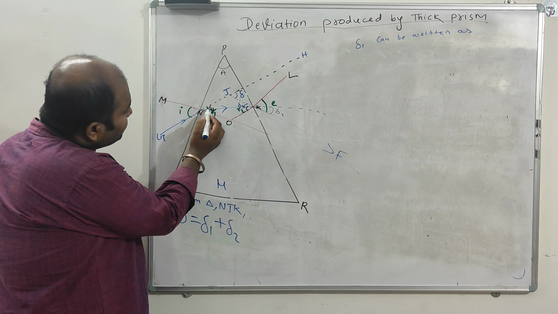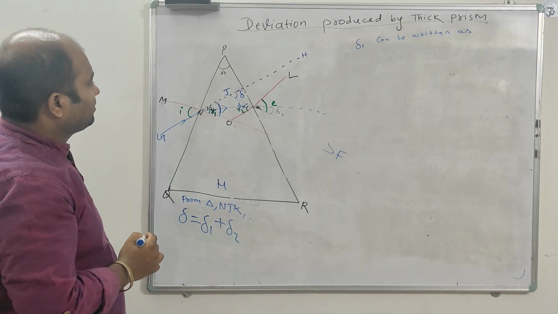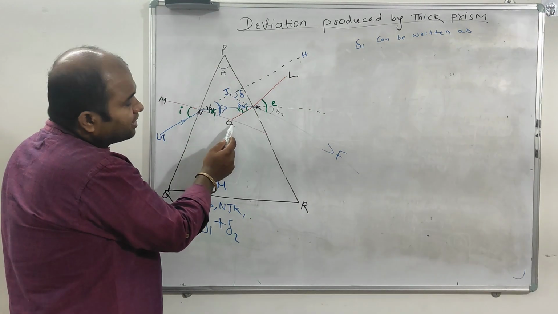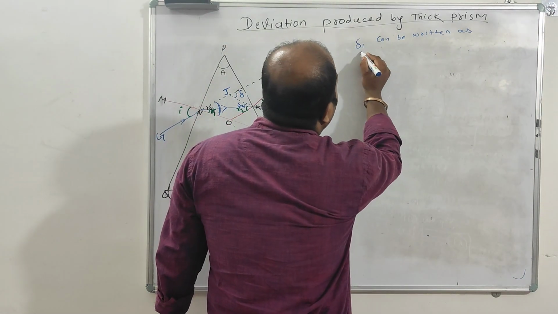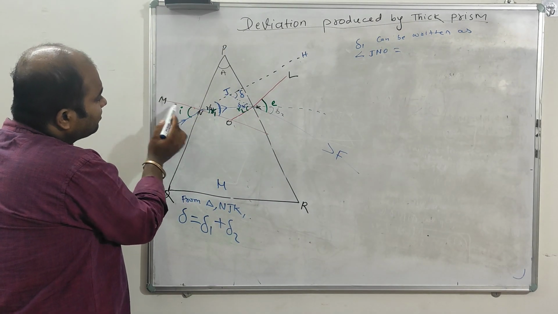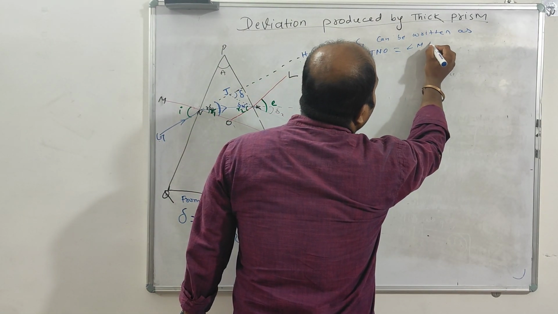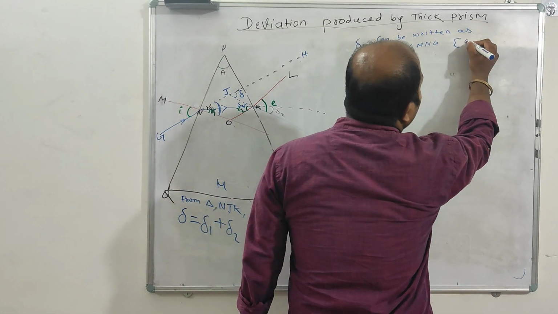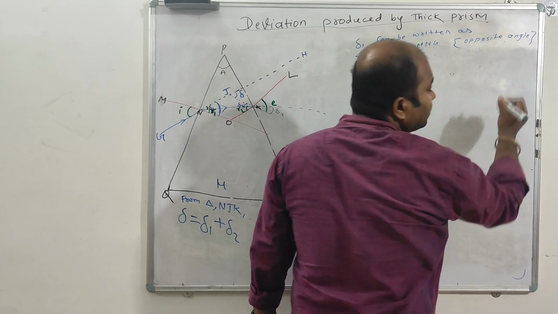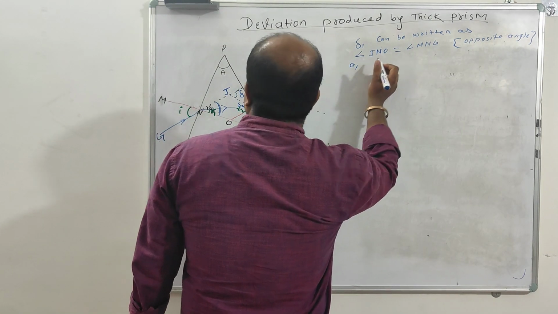This I is equal to this total angle, because of the vertically opposite angle. So I can put here angle JNO equal to angle MNG, because of the vertically opposite angle, right? So I can put here, what is JNO?